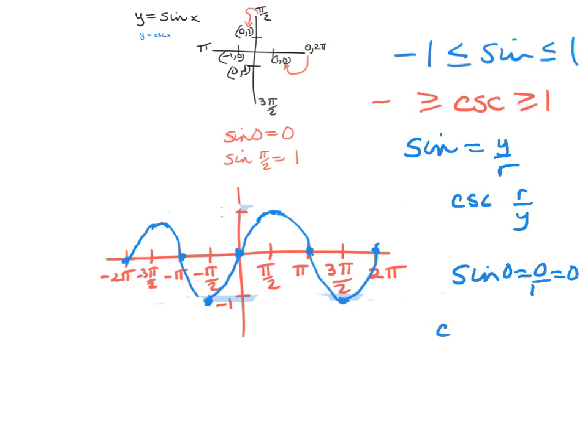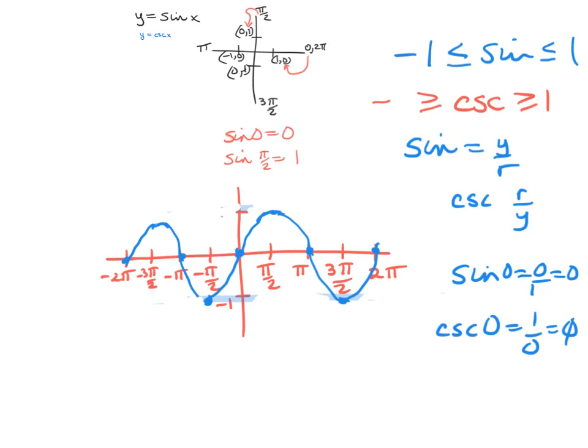But now when I do cosecant of 0 degrees, I flip it to the reciprocal, and now this is undefined. So every place that my sine graph touches the x-axis where it equals 0, those are going to turn into asymptotes. They're going to be vertical asymptotes.